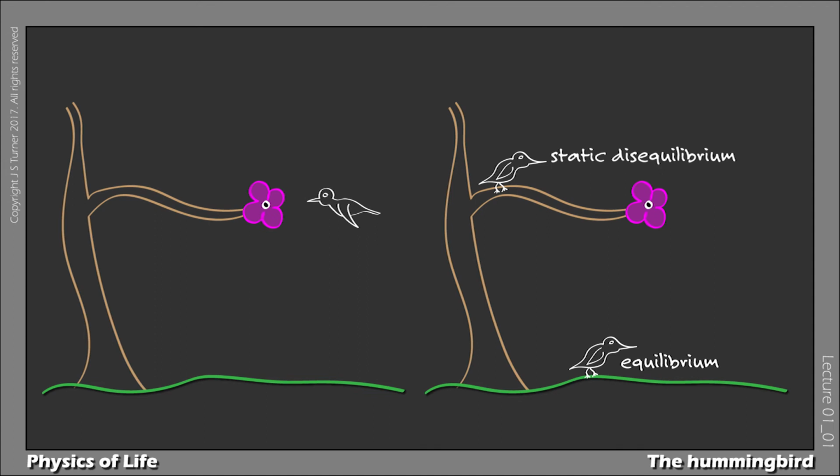We say in this case that the hummingbird is in a state of dynamic disequilibrium. Furthermore, because the hummingbird is stationary, the disequilibrium persists as long as the hummingbird is doing work to offset gravity. The hovering hummingbird is therefore at a state of persistent dynamic disequilibrium.